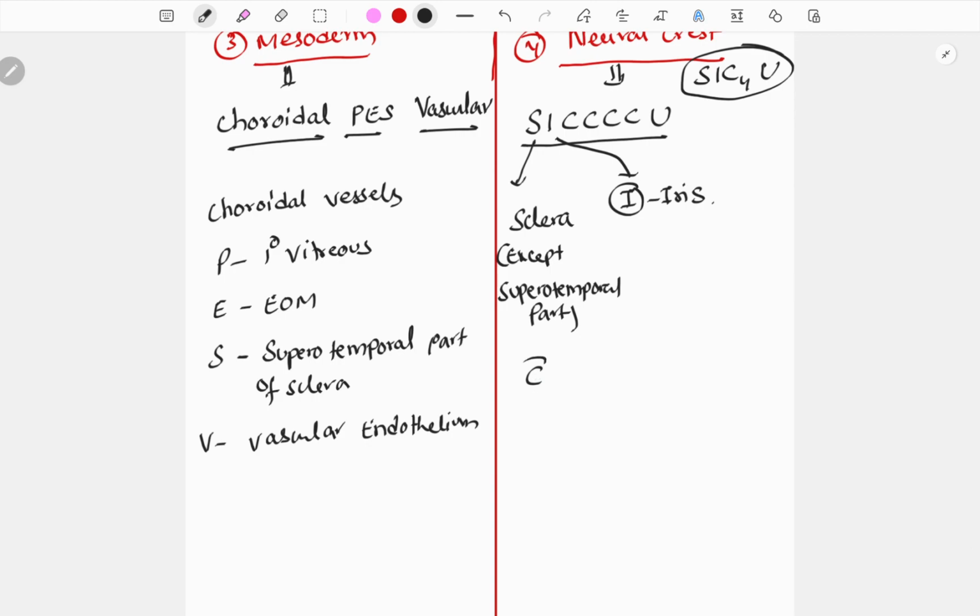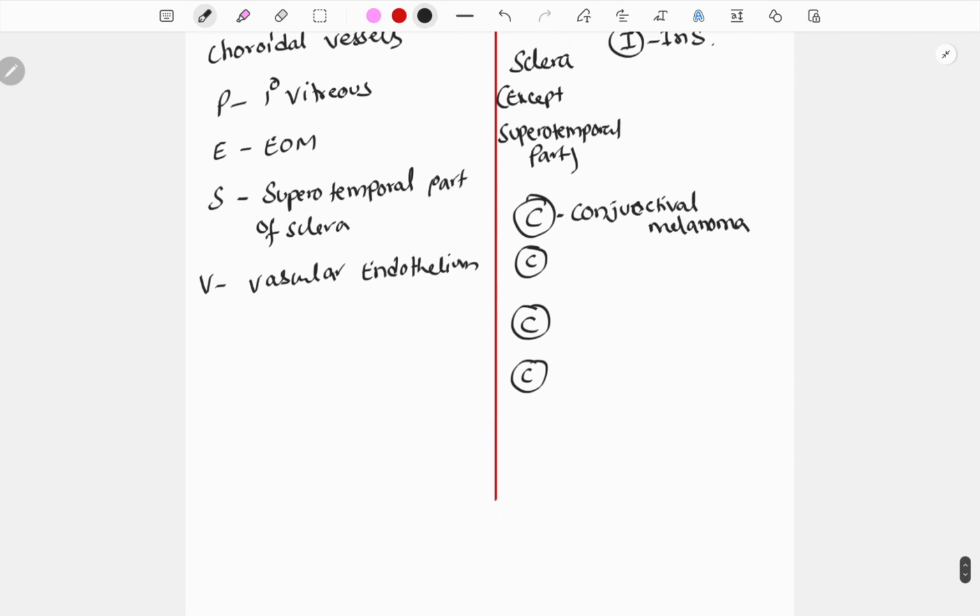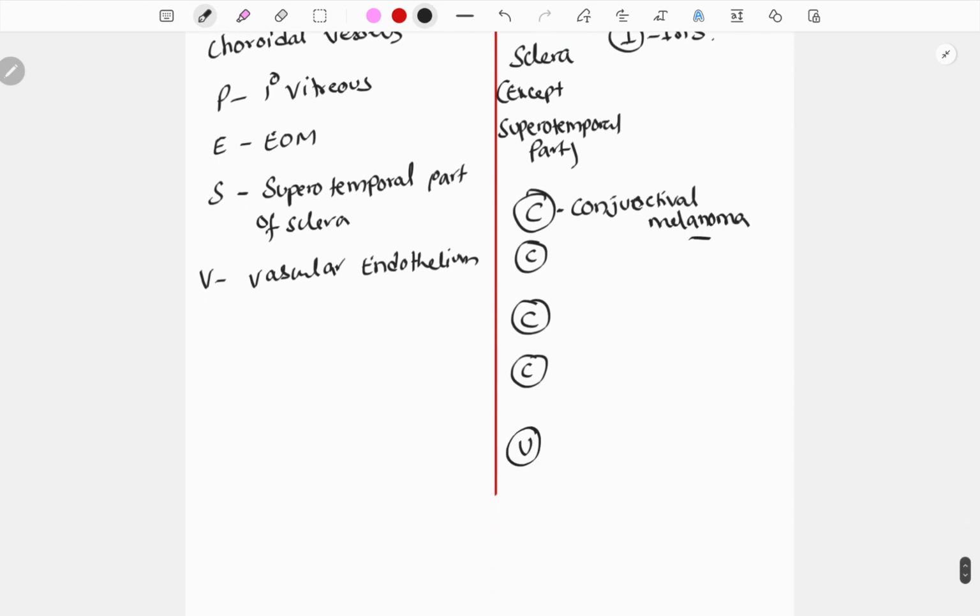What are the four C's? One C is conjunctival melanoma. From this you need to remember melanoma. See here U also, then uveal melanoma. What are the other C's? Cornea.